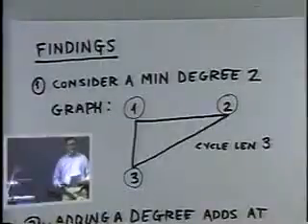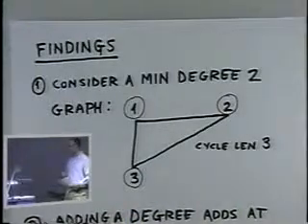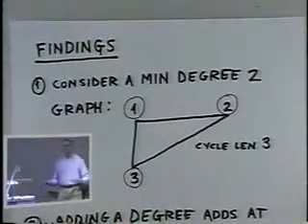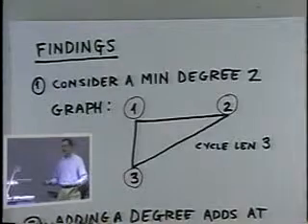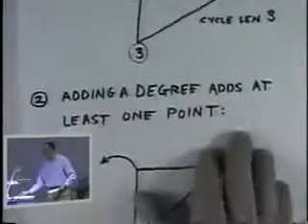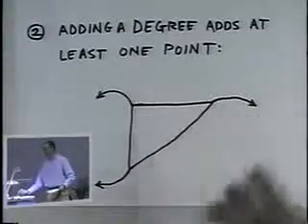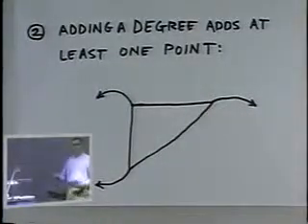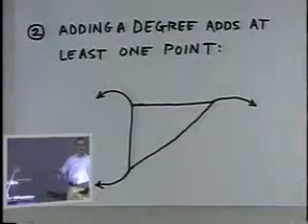If you consider a graph with a min degree of 2, for example the simple triangle, you've got one street that comes in and one street that goes out, and our cycle length for that particular case is 3. But by adding 1 degree, each one of those intersections has to have another road coming in or going out.